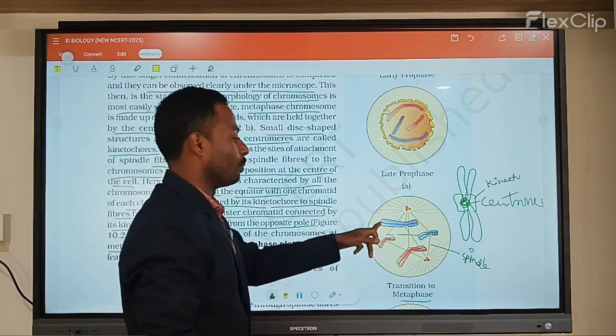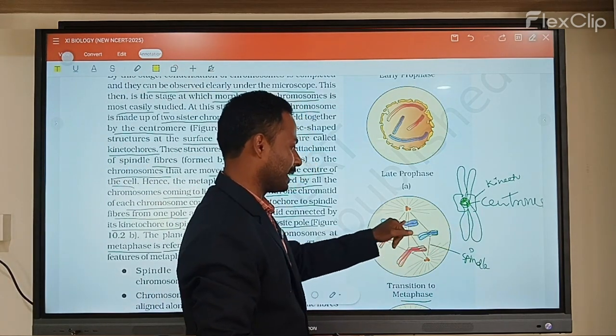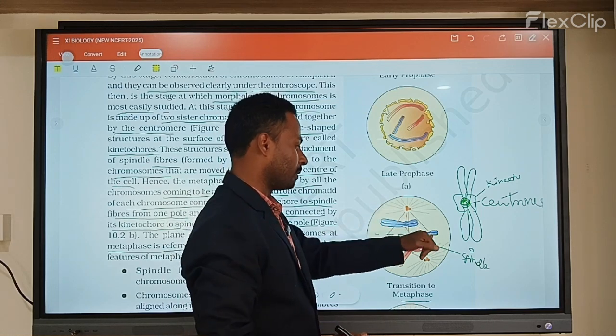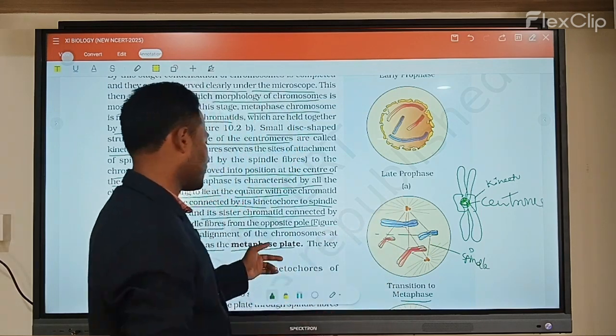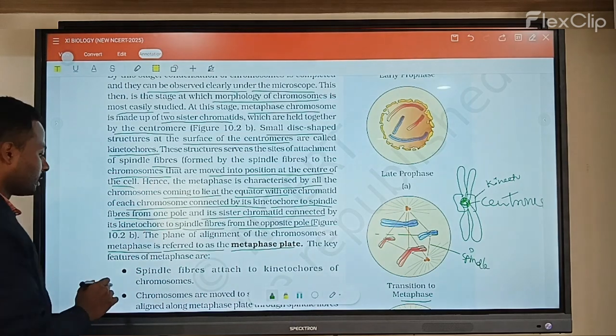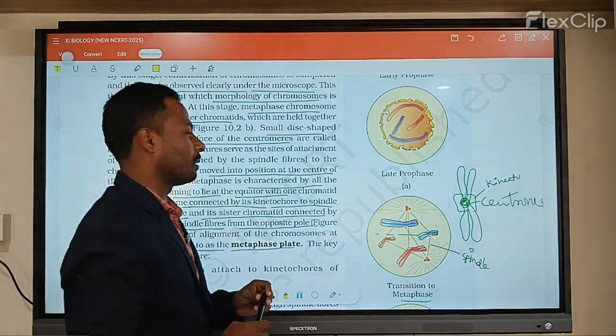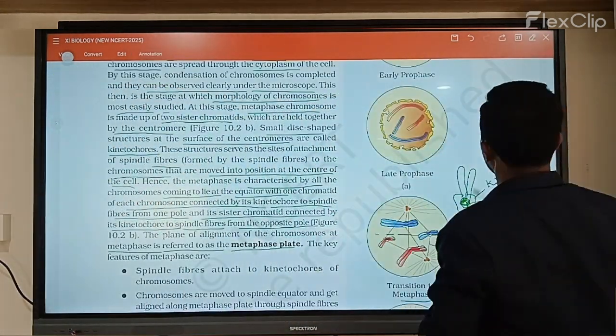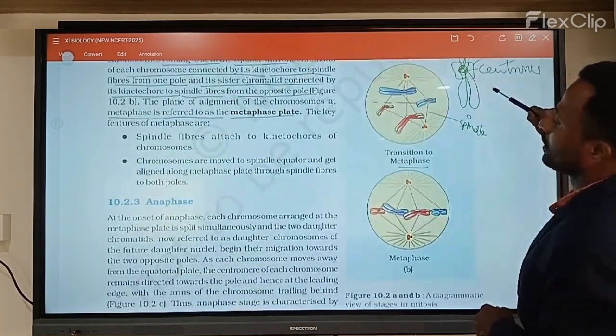So when these chromosomes come to the equatorial plate with the help of the spindle fibers, this phase is called what? Metaphase. The key features of the metaphase: what are the important features of the M phase or metaphase?